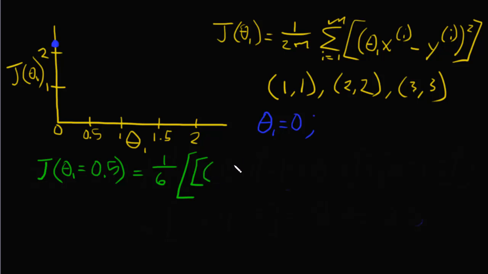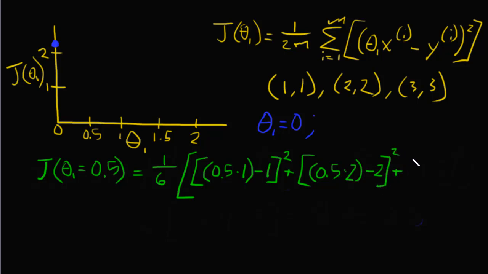We'll have my slope, which is this theta 1 right here, which is 0.5, times the x value for the first point, 1, and then that will subtract the y value for the first point, 1, square that, then add in the second point, so 0.5 times 2 minus 2, and then finally for the third point we'll have 0.5 times 3 minus 3, bracket, square, and bracket.